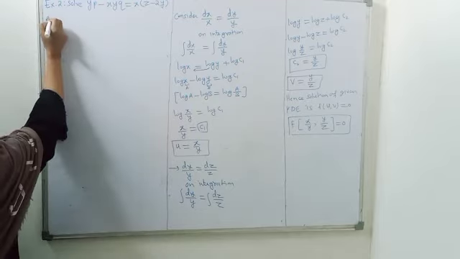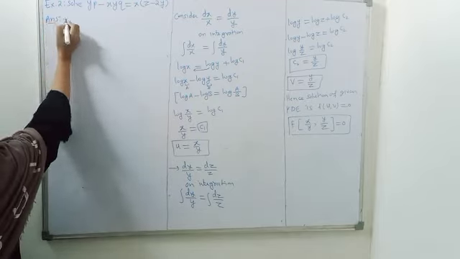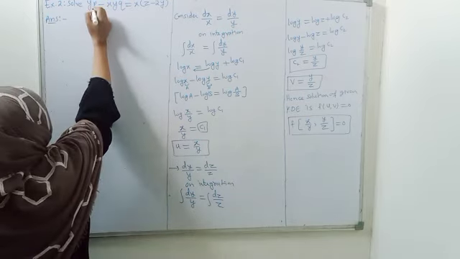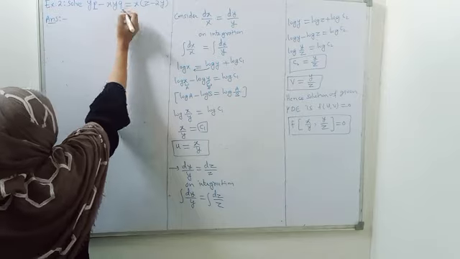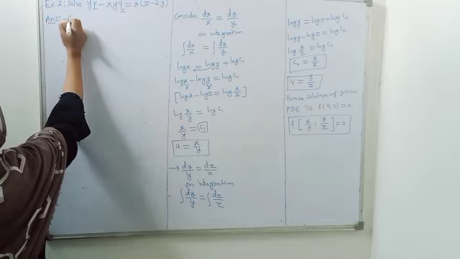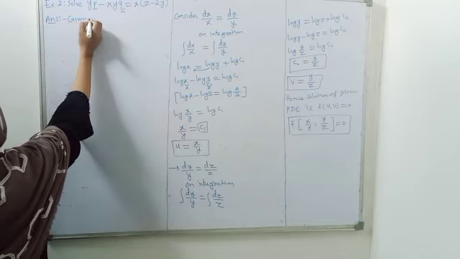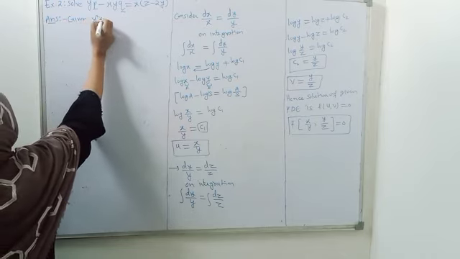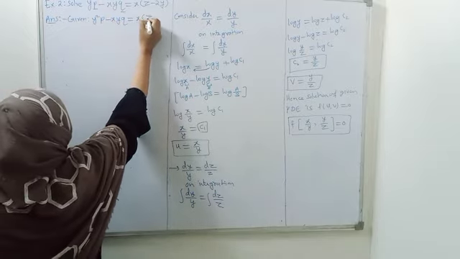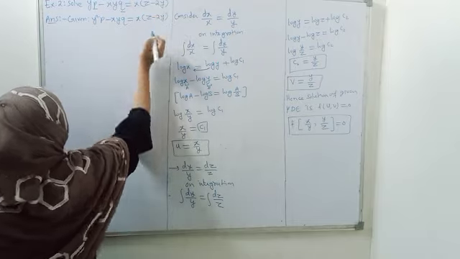Now students, again identify, is it Lagrange's linear form? Again this equation has p and q, so of course it is Lagrange's linear form. First of all, write the given equation: y square p minus xy cube q is equal to x times of z minus 2y.